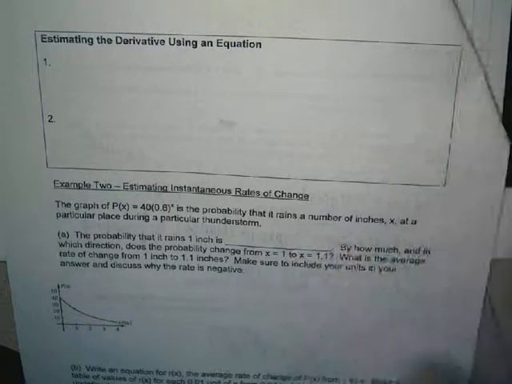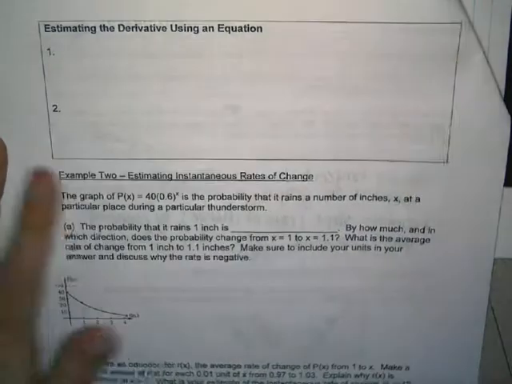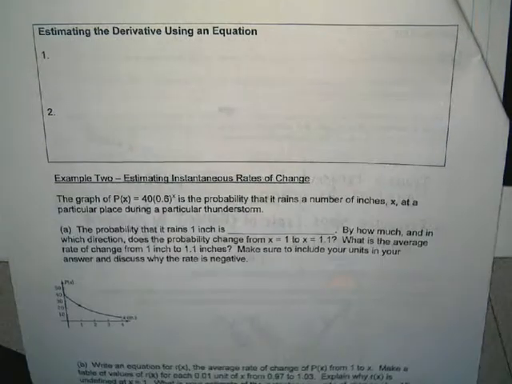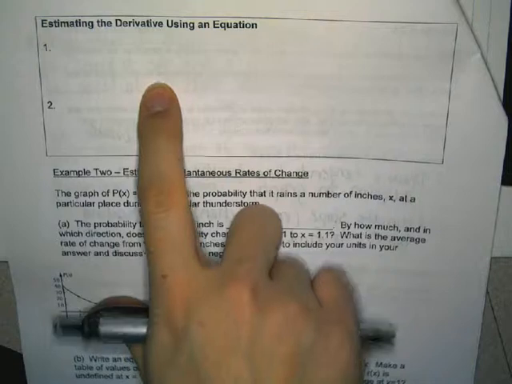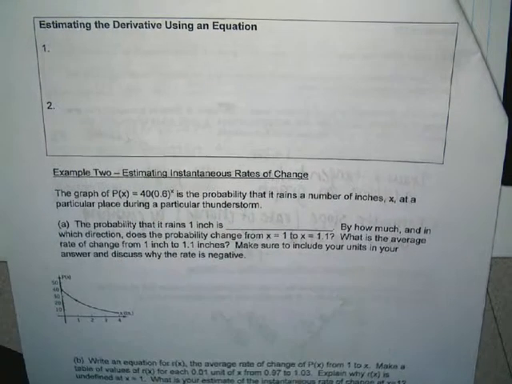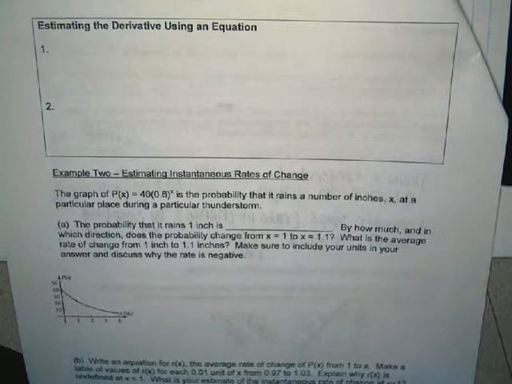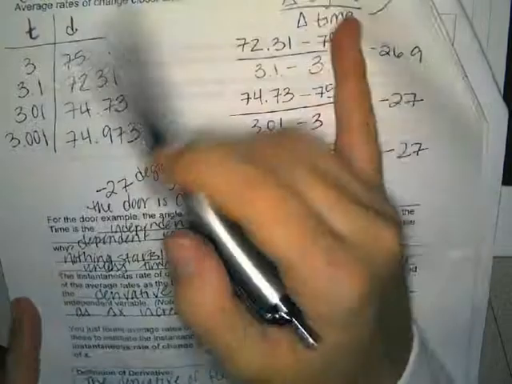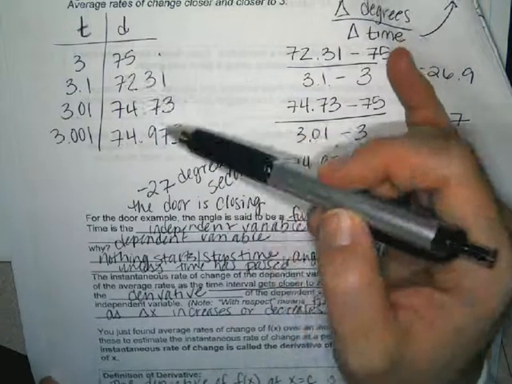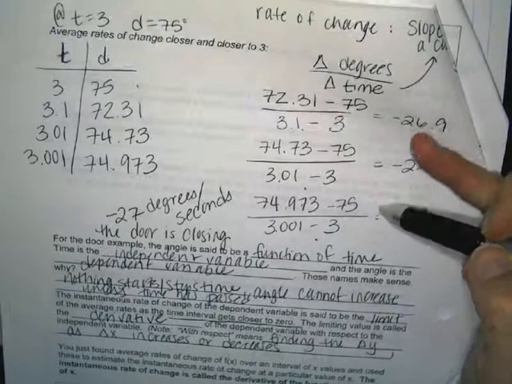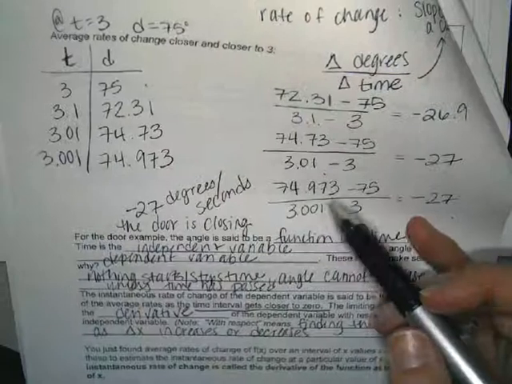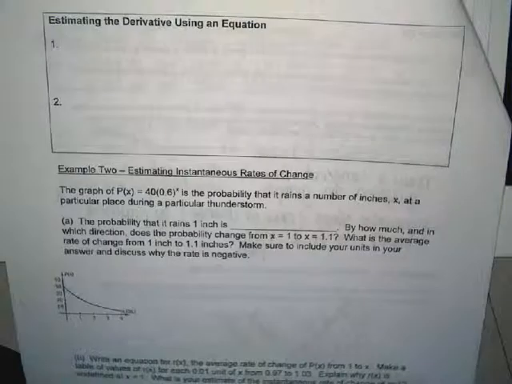R of x equals, now rates of change are change in y over change in x. So when we're given an equation, we're given an f of x, which is the same thing as saying y. So we're going to do the change in f of x. That means you're changing your y values, the same thing as rise, over the change in your x values, which is the same thing as run. So slope, basically what we're setting up here. And we're going to use the x value in the question.